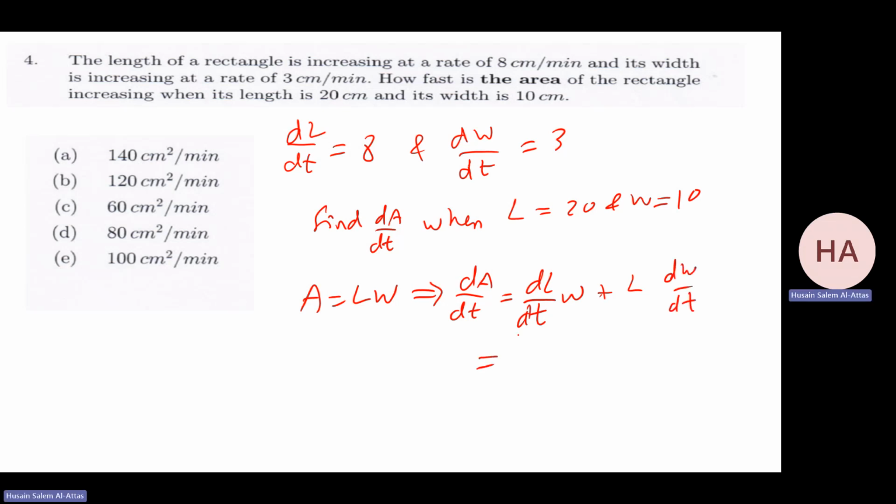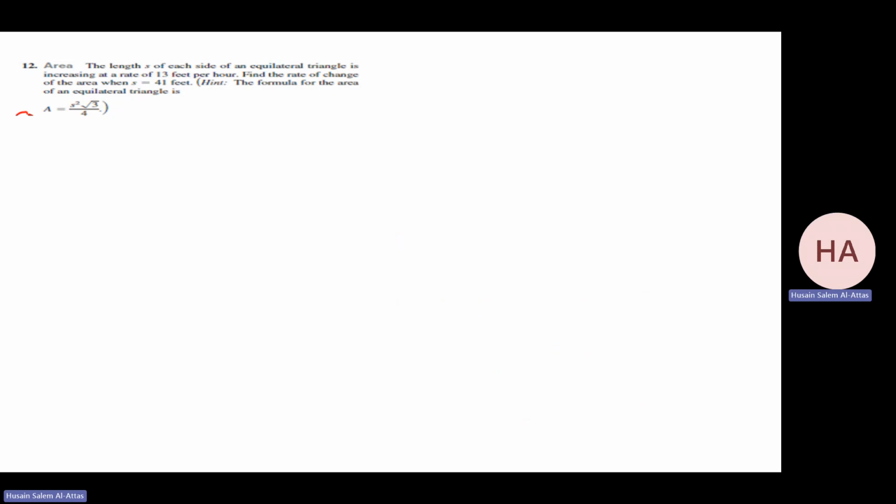And that gives me dL is 8, W is 10, L is 20, this is 3, so 80 plus 60, 140, which is centimeter squared per minute, yes.